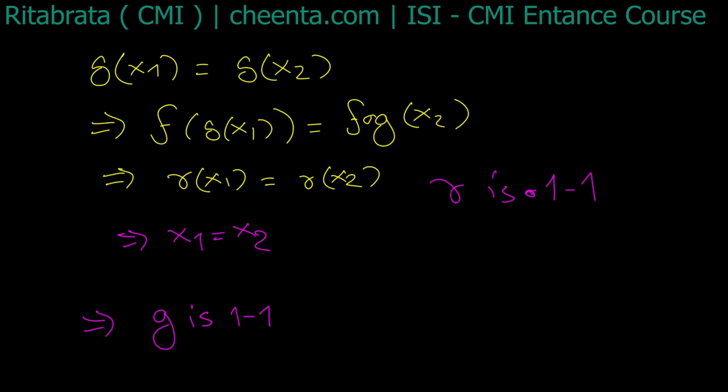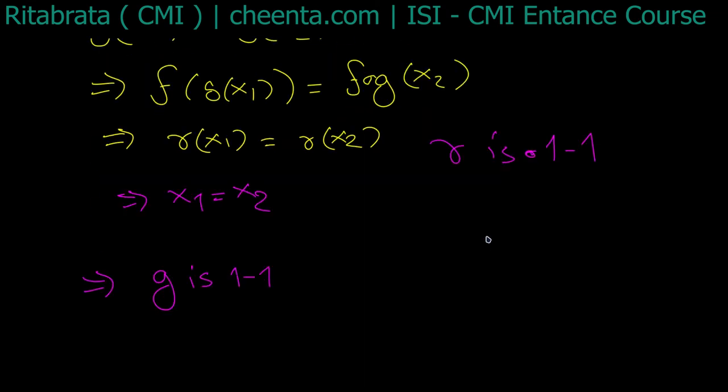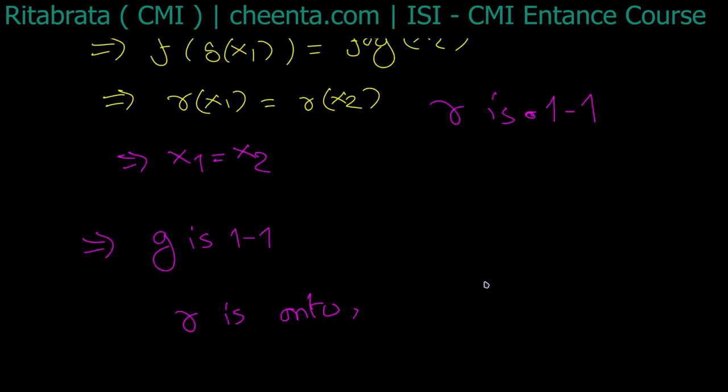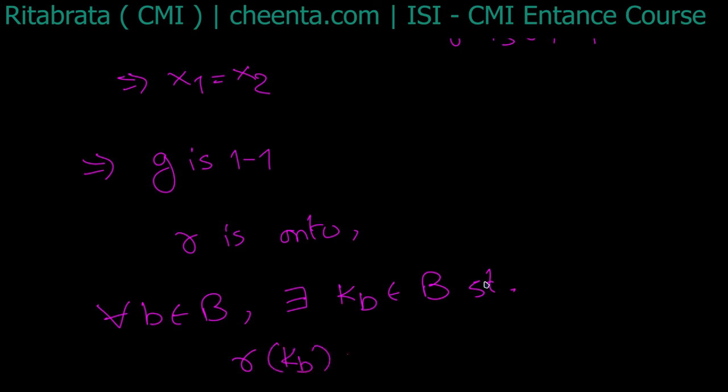Similarly, to get f is onto, we know that r is onto. So for all b in B, there exists, say, k_b in B such that r of k_b equal to b.